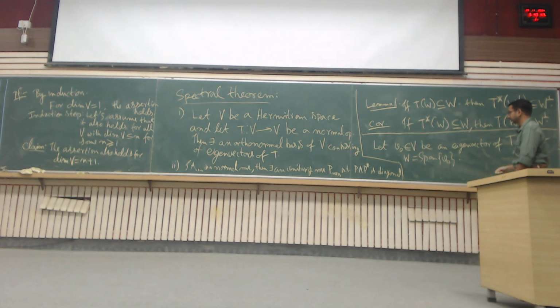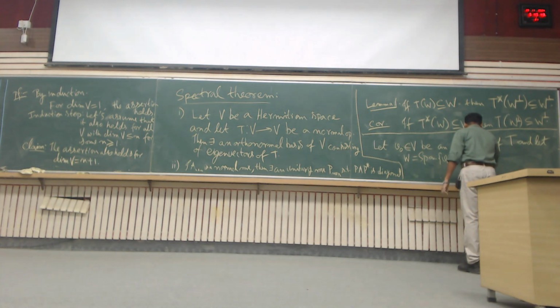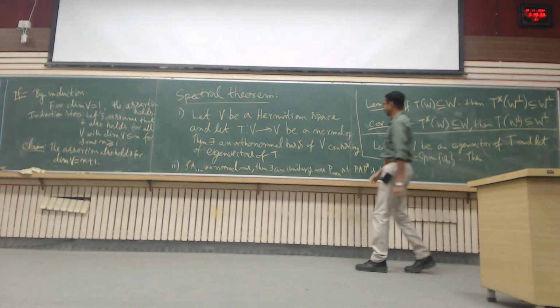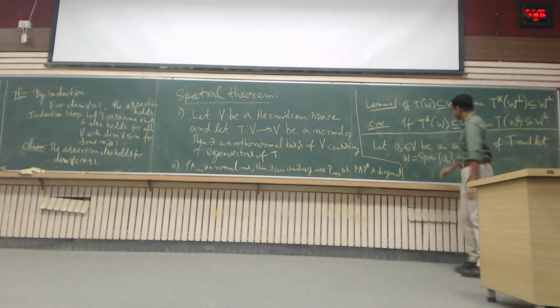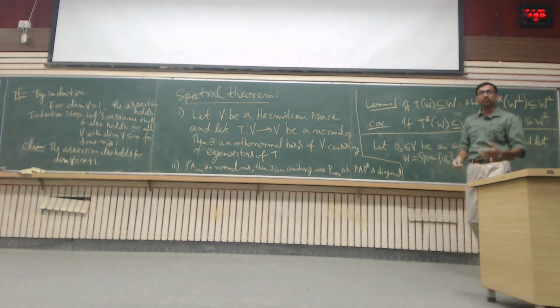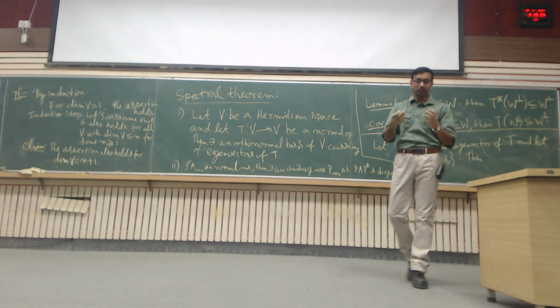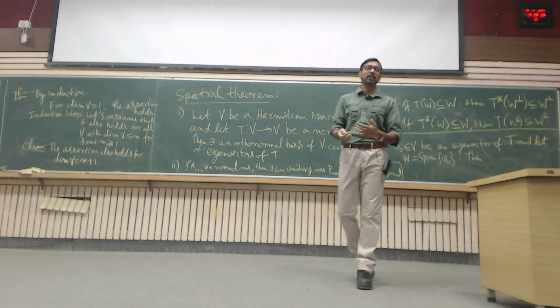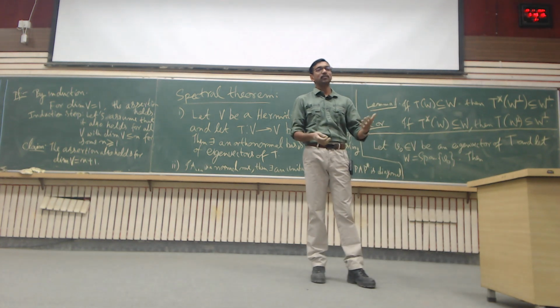Then, since it's an eigenvector of T, we know something. It's an eigenvector of T star as well, right? We just showed that. If it is a normal operator, and you have an eigenvector of T, it's an eigenvector of T star with eigenvalue lambda bar.